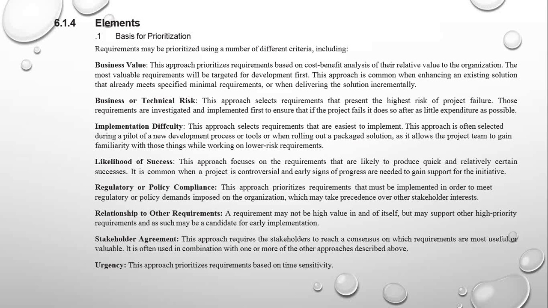When you are in the very initial phase, there is something called a pilot. Pilot means you're trying to see how what you're going to develop works on a small scale, so that you have less expenditure, less work.